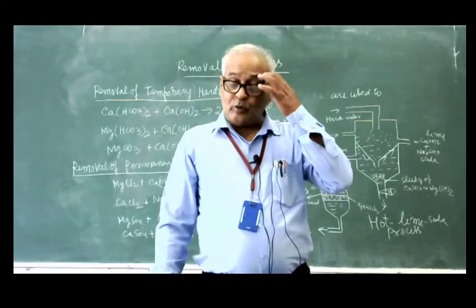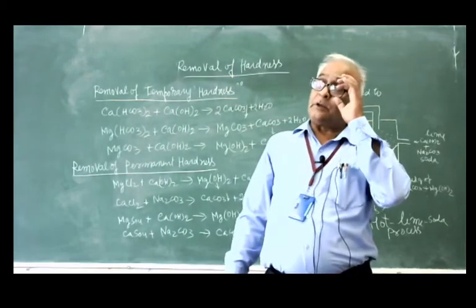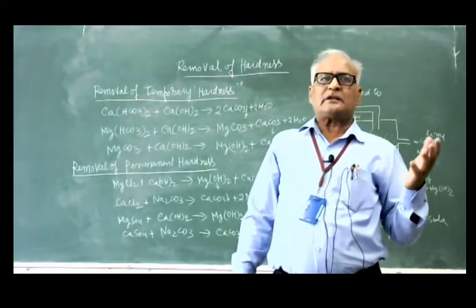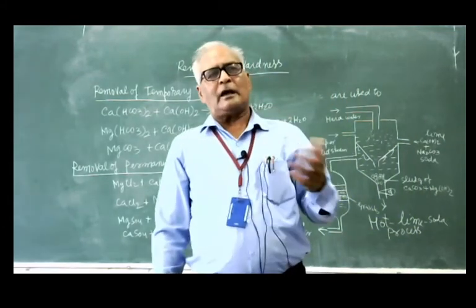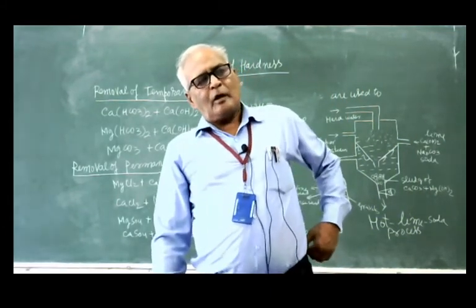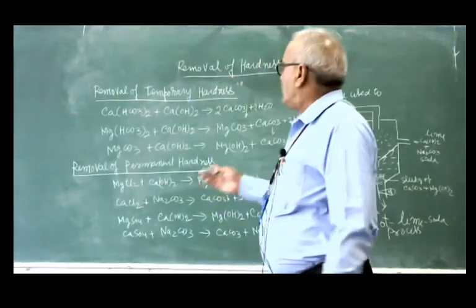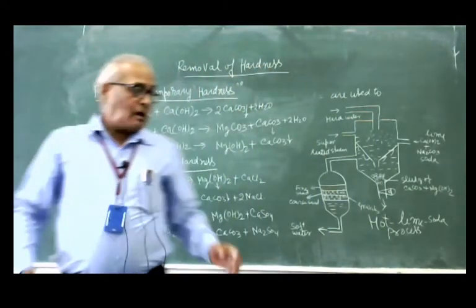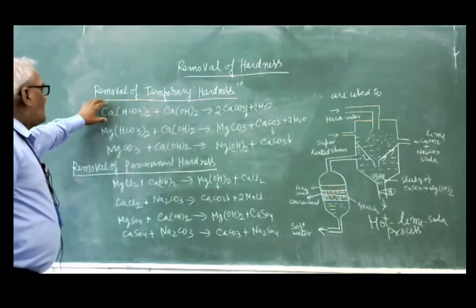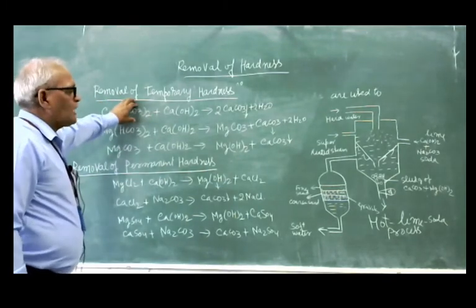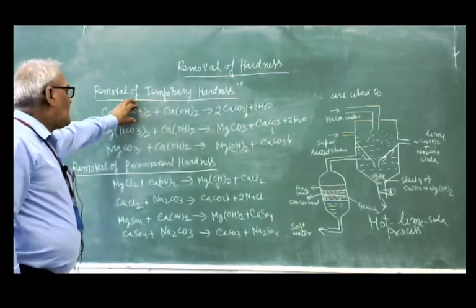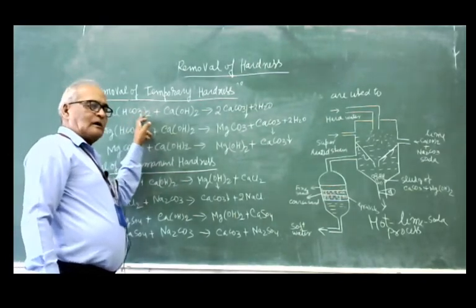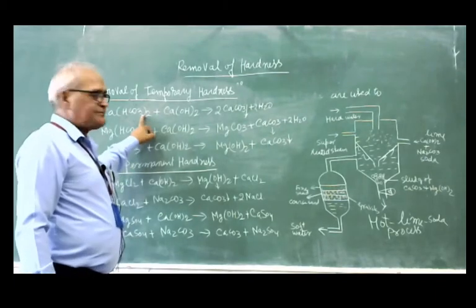Now I told you that different types of chemical reactions take place when lime and soda are added in the hard water. So just see here, this is the calcium bicarbonate present in the hard water, creating temporary hardness.